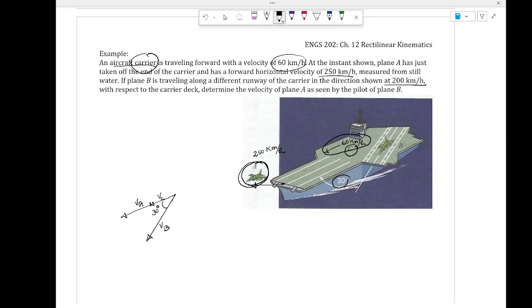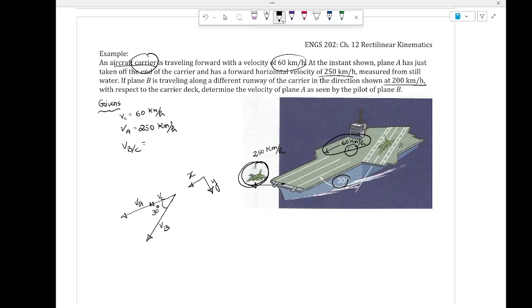So I'm going to assume a direction like my aircraft A has, towards the X direction, and Y is just perpendicular to it. Let me start writing what is given. Your givens are here: VC, the carrier velocity, is given as 60 kilometers per hour. VA is given as 250 kilometers per hour.